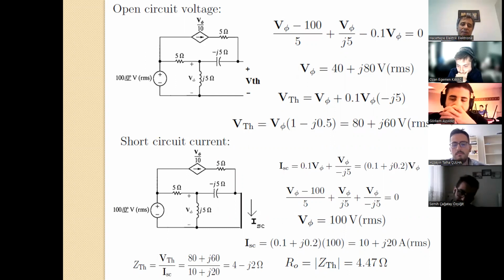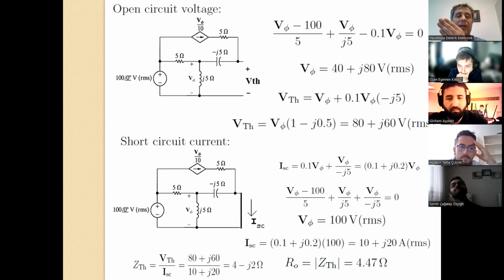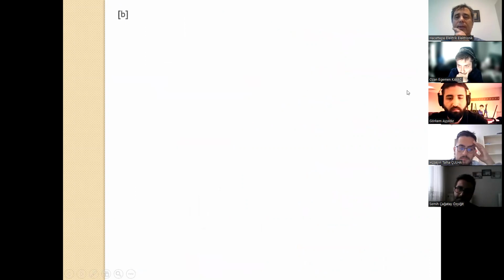So actually this is just the magnitude of ZTH. There is no XL, there is no load reactance. When you evaluate this with the proper equations, you are going to get the last equation.